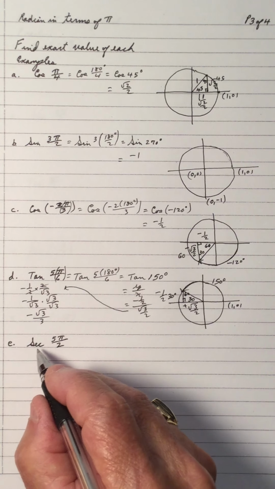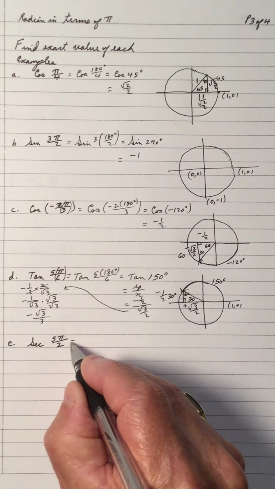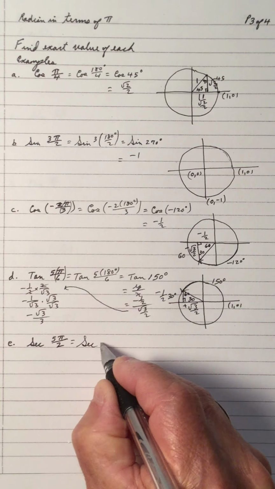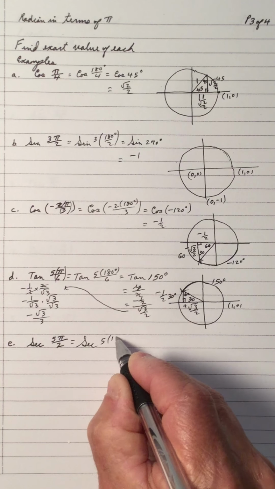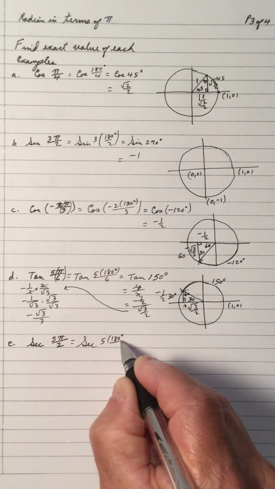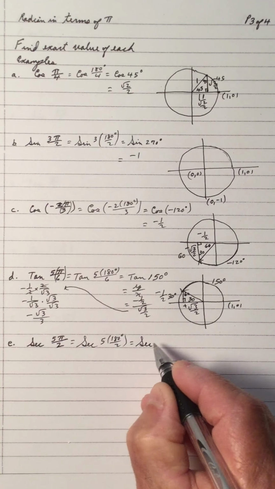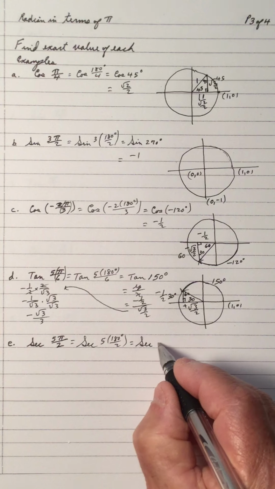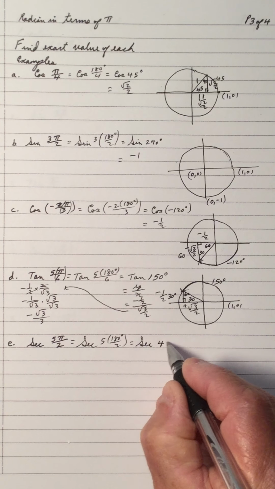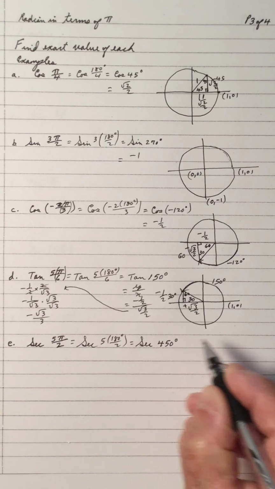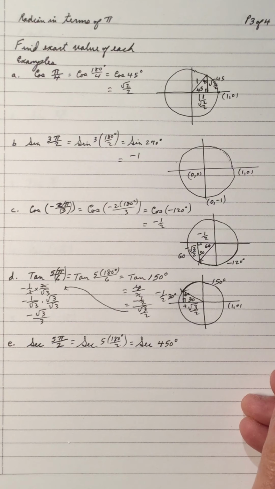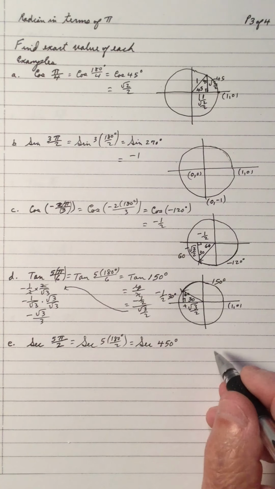And let's continue. The secant of 5 pi over 2. Pi is 180, divided by 2 is 90, so 5 times 90 is 450. So 450 is a big rotation.